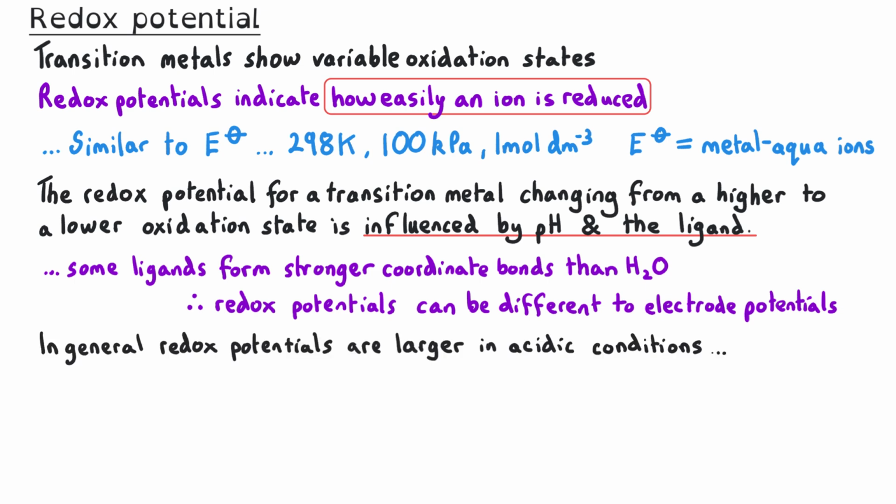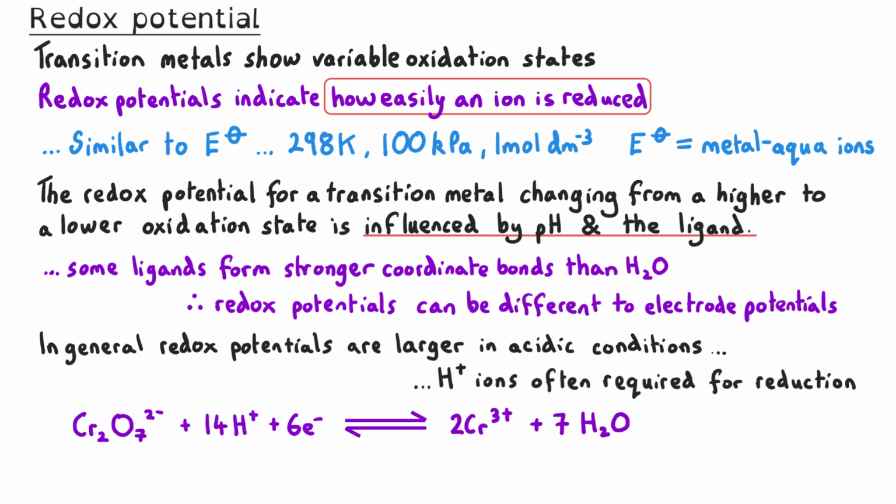In general, redox potentials are larger in acidic conditions, since hydrogen ions are often required for reduction. And you can see that this is the case here for this dichromate ion being reduced and turning into the chromium 3+ ion.